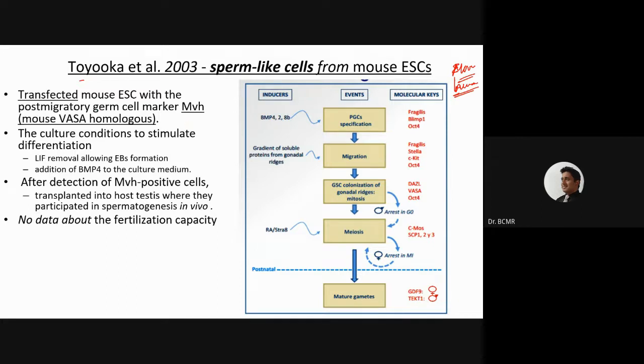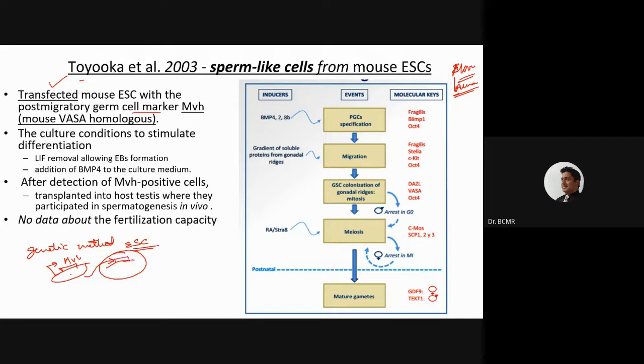They transfected mouse cells with a post-migratory cell marker. When you say transfected, what do you understand? It is a genetic method. So they would have taken cells, and the cells that are taken are embryonic stem cells, and then they would have overexpressed by making a construct with MVH, mouse Vasa homolog, put it into a vector, and then transfected it into embryonic stem cells.